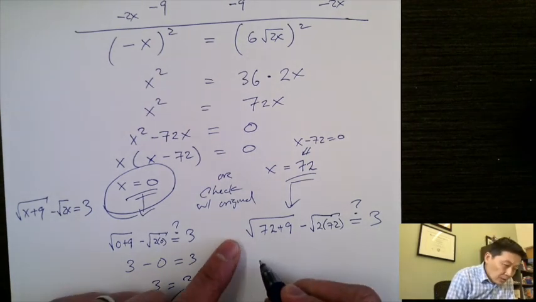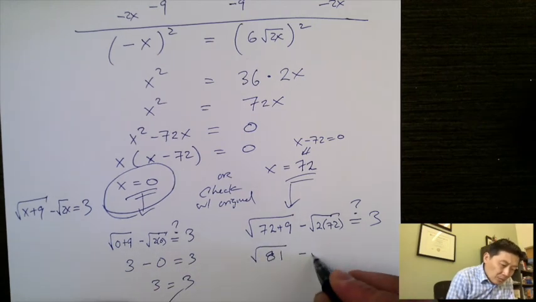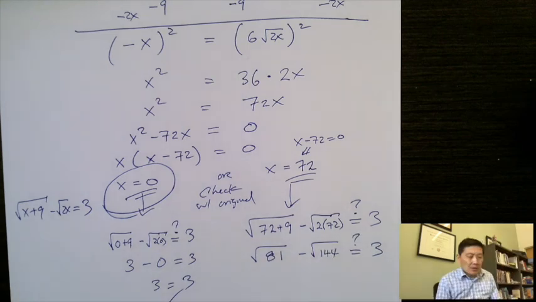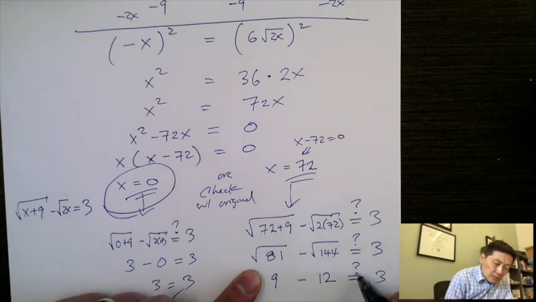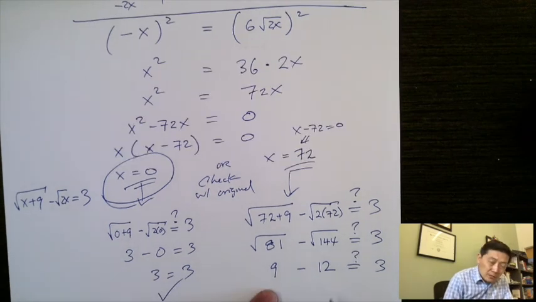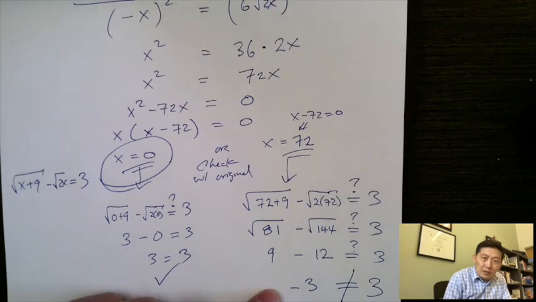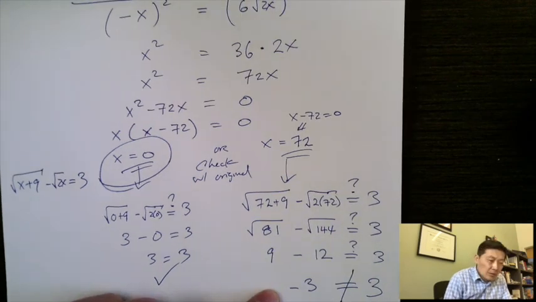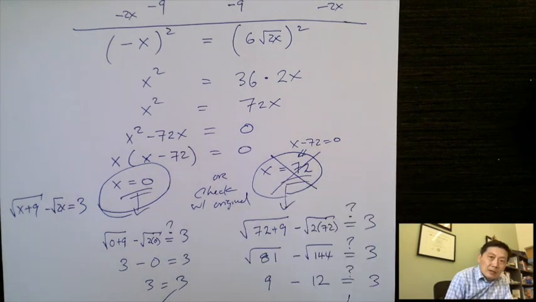This one becomes square root of 81 minus square root of 144. Square root of 81 is 9. Square root of 144 is 12. So 9 minus 12 is negative 3. Well, negative 3 is not equal to 3. So that means x equals 72 is not a solution.